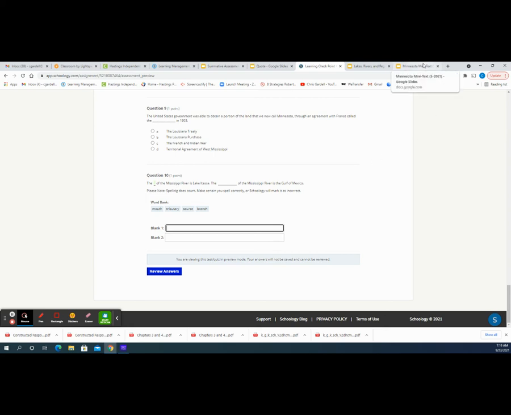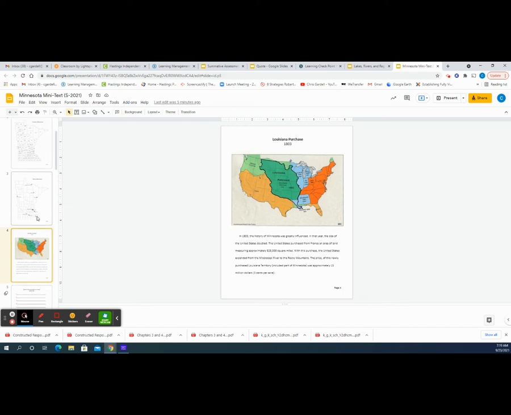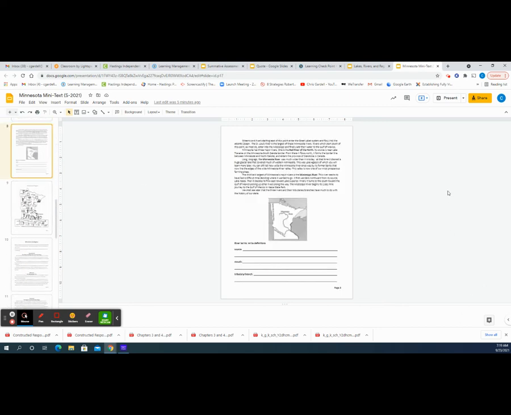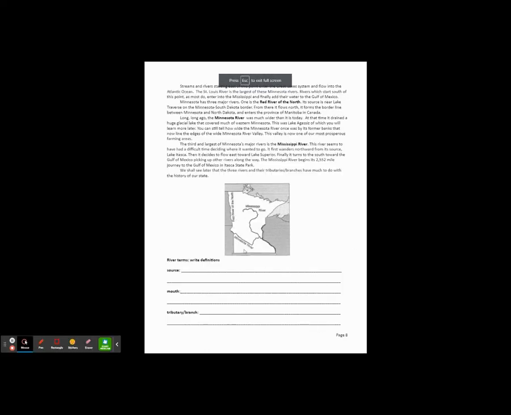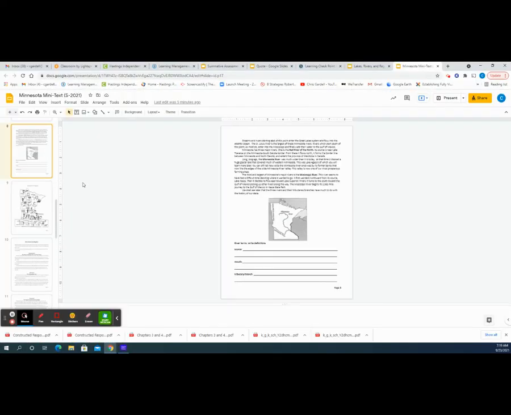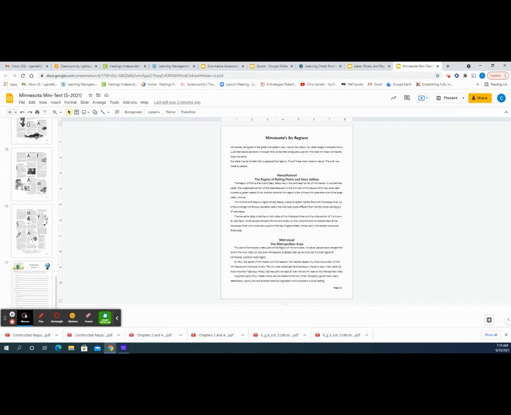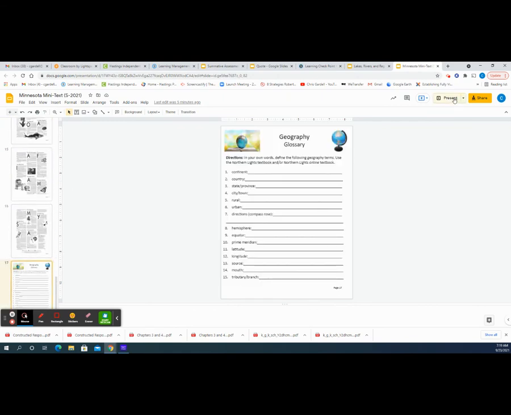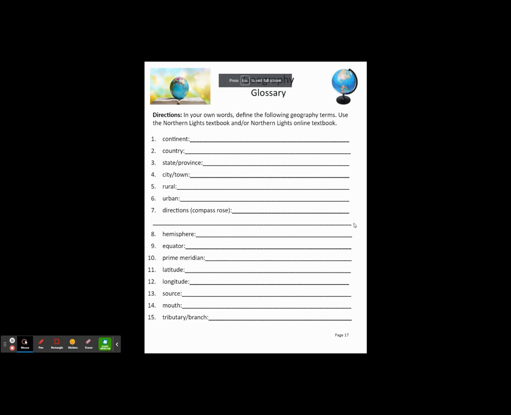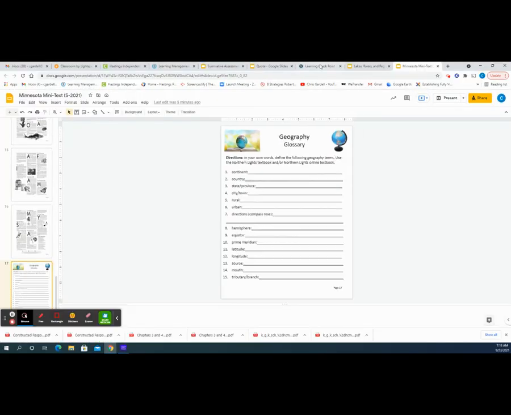Okay? If you don't know, you have options on where to locate your response. First of all, page 8 includes these river terms. The other location where these river terms are located is in our geography glossary. Okay, look at the bottom 3: source, mouth, and tributary branch.